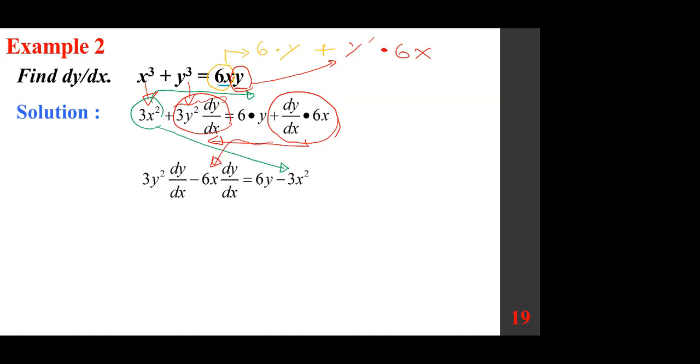This takes a negative sign on the other side. So you are going to factor the left side. So you take out dy dx. Of course, the number 3 is in common also, but what matters is dy dx. We are going to divide both sides.